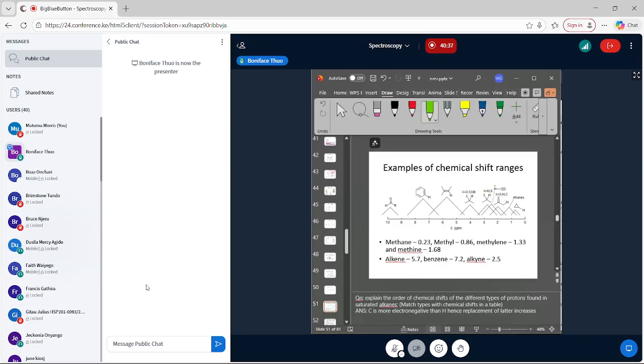Similarly, remember we talked of magnetic... such a chart now gives you an idea.